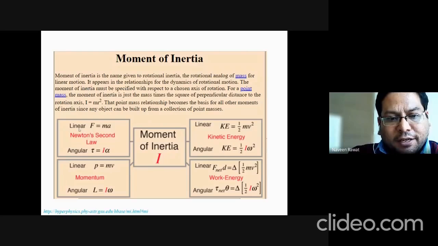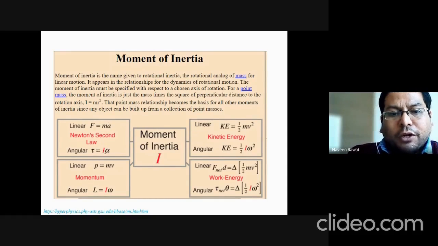When we are considering linear motion, we have the relationship force is equal to m times acceleration. This simply means that if we apply a force on an object of mass m, then it will do an acceleration a. Similarly, when you're doing rotational motion, if you apply a torque on an object of moment of inertia I, then it will do an angular acceleration of alpha. So there you go, one-to-one relationship.